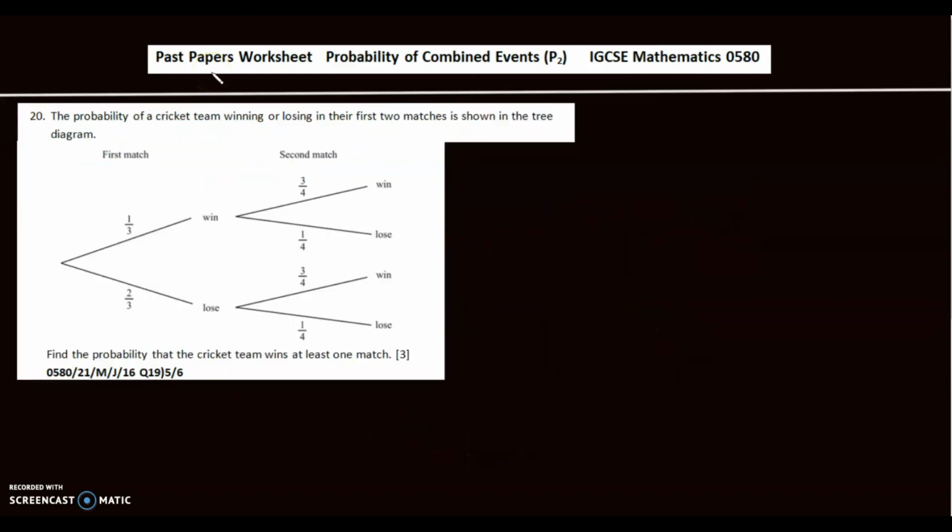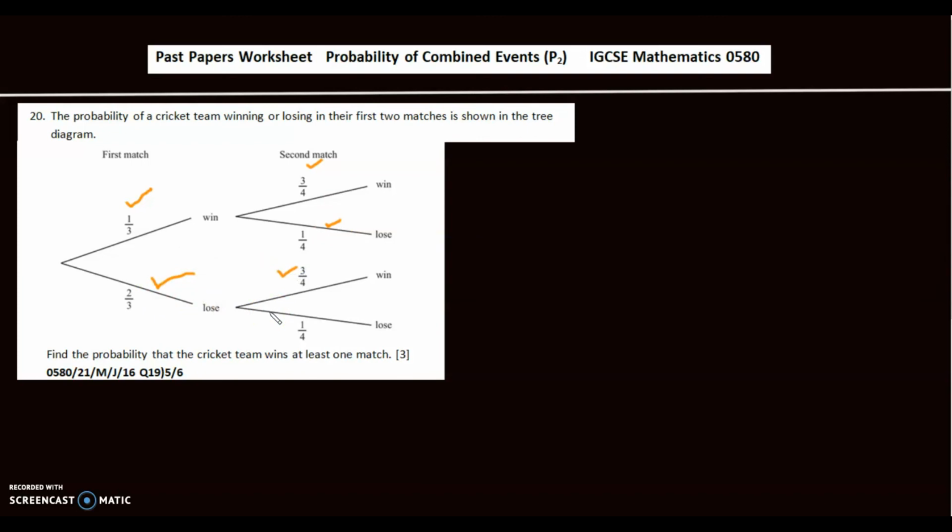The probability of a cricket team winning or losing in their first two matches is shown in the tree diagram. Find the probability that the cricket team wins at least one of the match. So we will consider the case of win and win, or win and lose, or lose and win, but not lose and lose, because the at least one of the match has to be won.